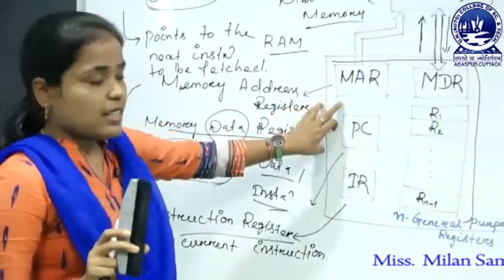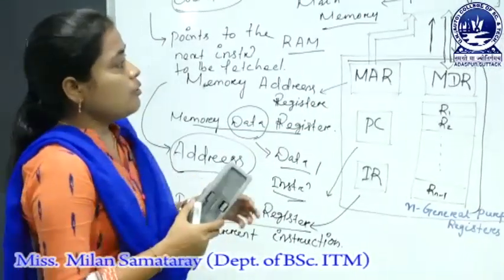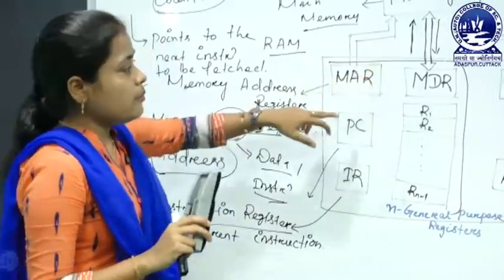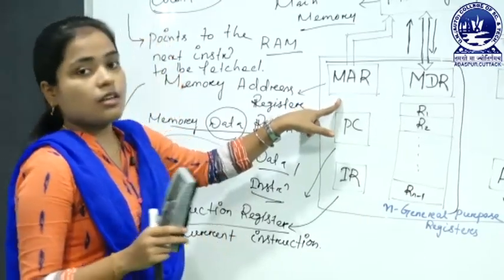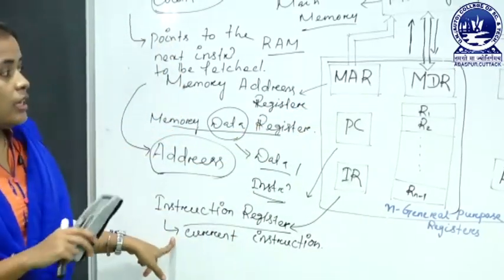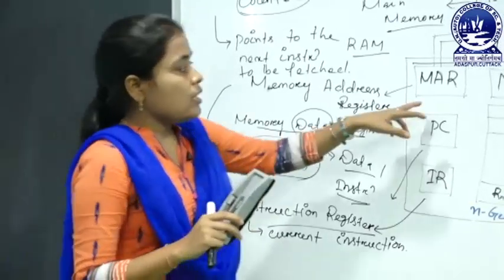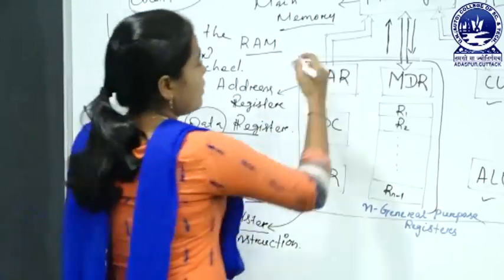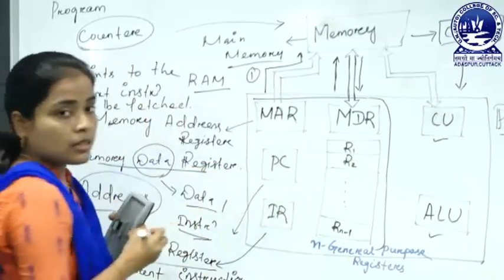Let us take an example. If we want to fetch an instruction from the memory, first we have to give the address of the instruction stored in the memory location, and we provide that address through the MAR. Transferring that address through the MAR is our step 1.